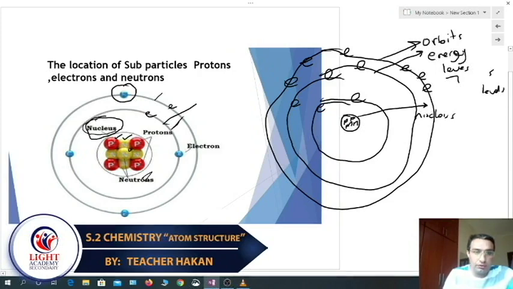These circles are called orbits or energy levels. Okay, so what we understand, we know that protons and neutrons are located in the center of atom, that is called nucleus. Electrons are available around this nucleus in the shells or in the orbits.